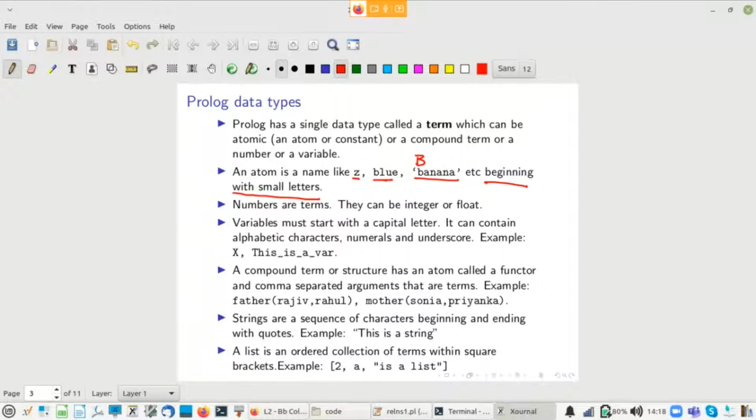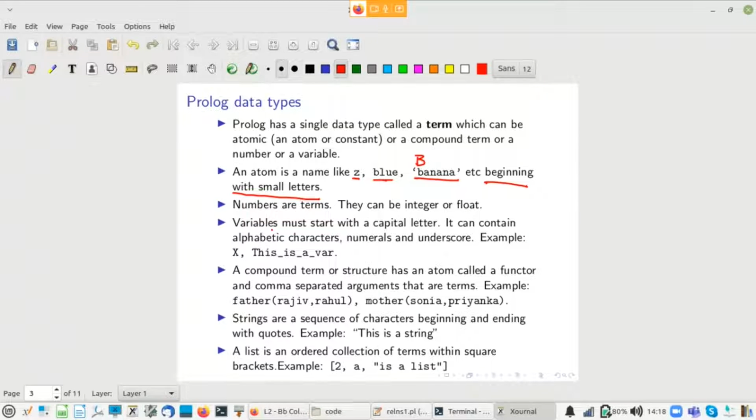If you have only a sequence of characters, then it must start with a small letter. Any string is also an atom. Numbers are also terms. In some sense, you can think of them as atomic, and they can be either integers or floating point numbers.